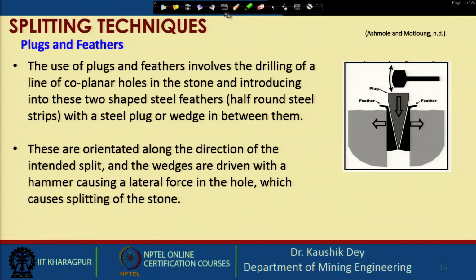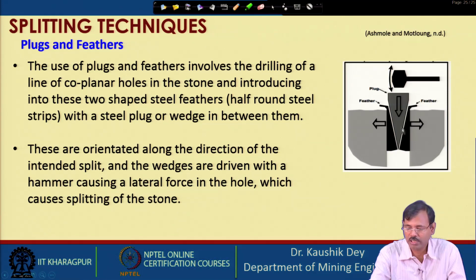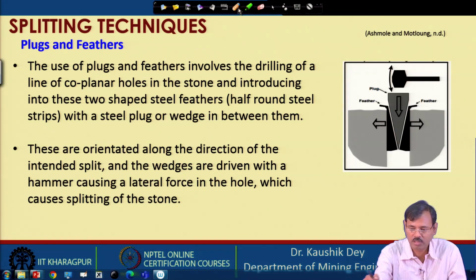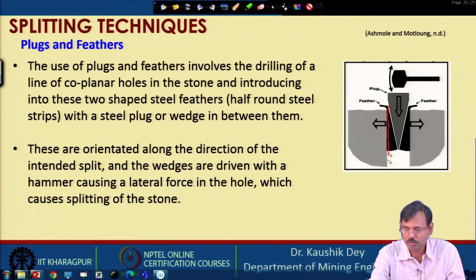So, one common method is to create a hole, then use a plug, hammer onto this plug. So, first create a hole, this hole acts as the plane of discontinuity, then provide a plug, hammer that plug so that this block is allowed to split.